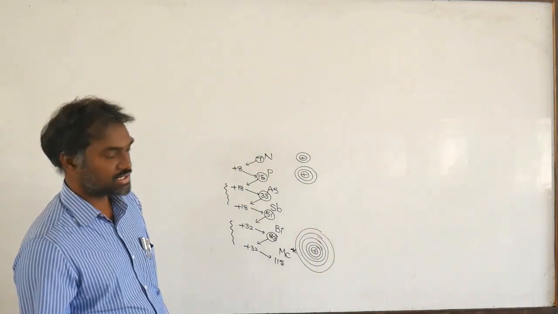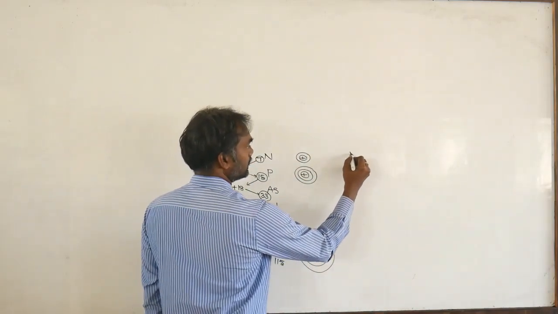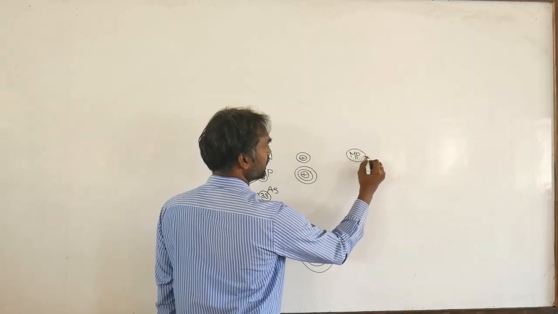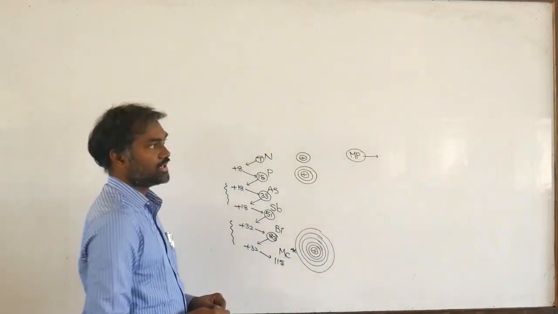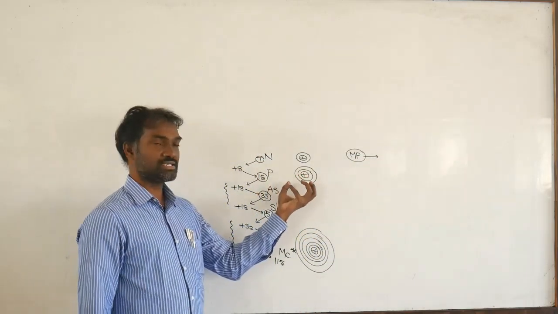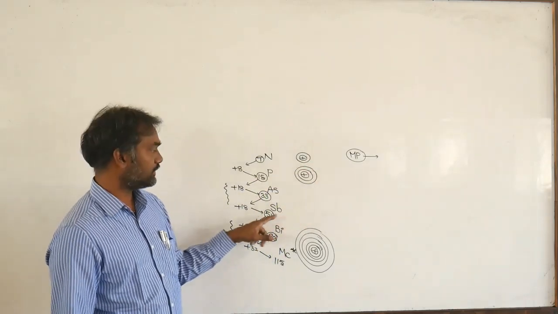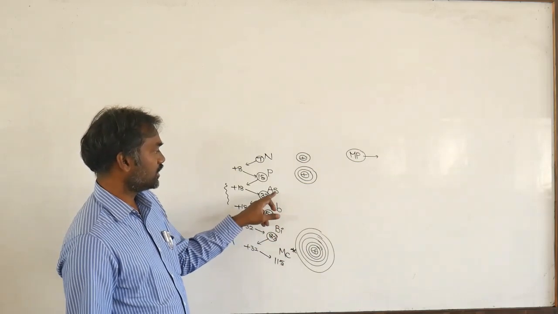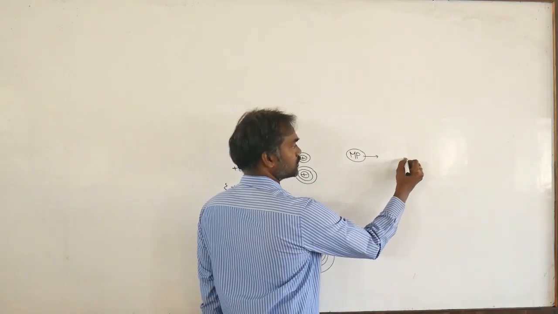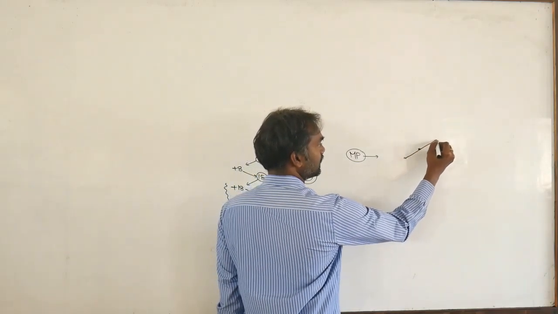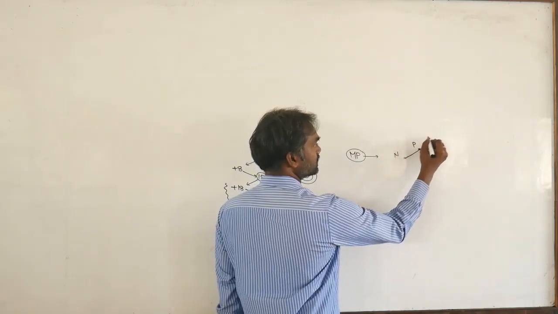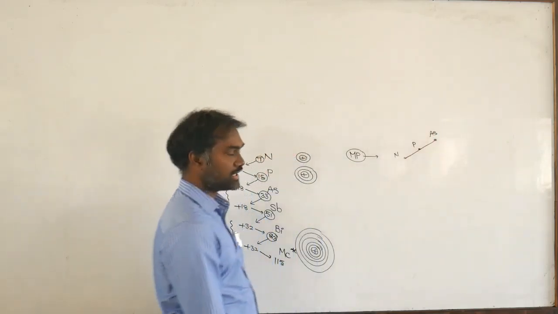Next, melting points and boiling points. If you see the melting points, the melting point depends on the attraction and crystalline structures. Suppose you observe experimentally, the values are observed like this: up to arsenic, nitrogen, phosphorus, arsenic, it increases.